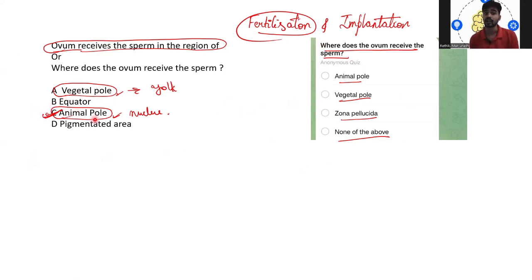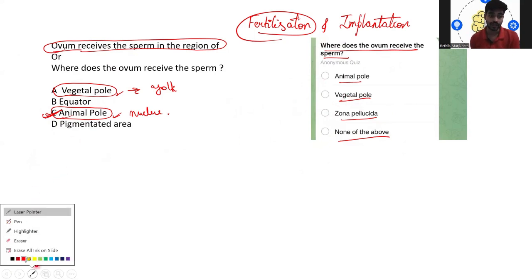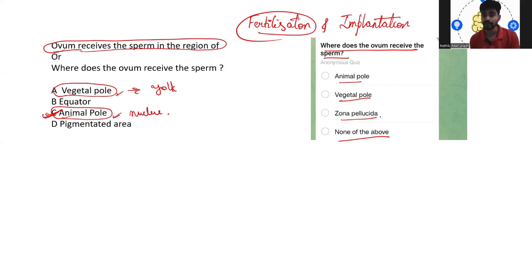Earlier, animal pole was the only option and I understood. Here, the confusion is whether it is the zona pellucida region or the animal pole region. Either it is zona pellucida or it is animal pole.